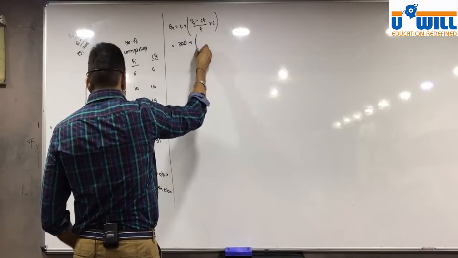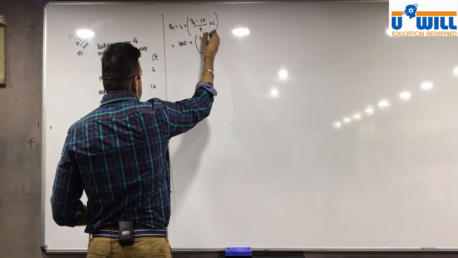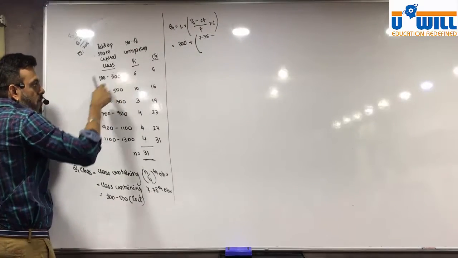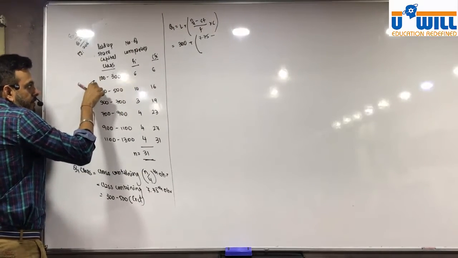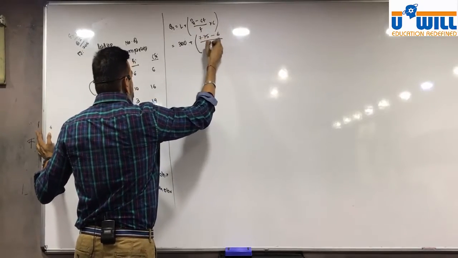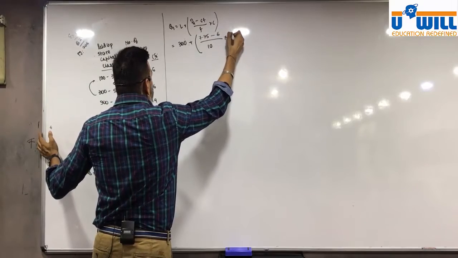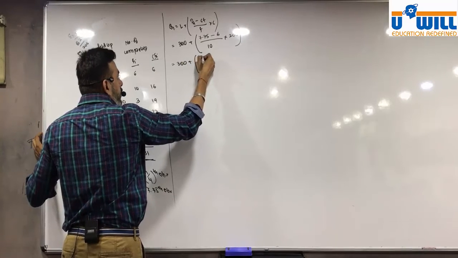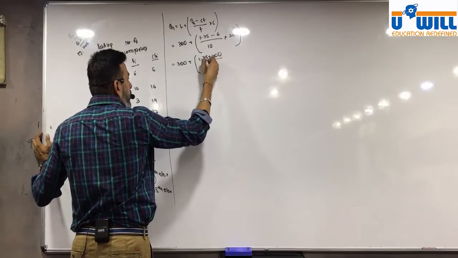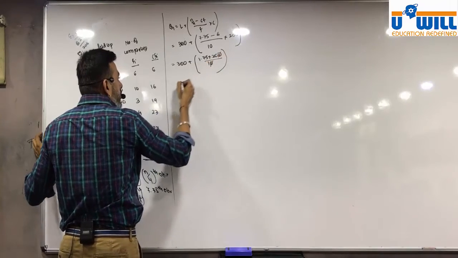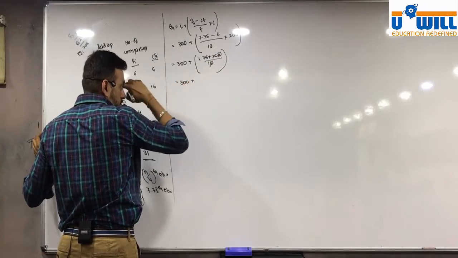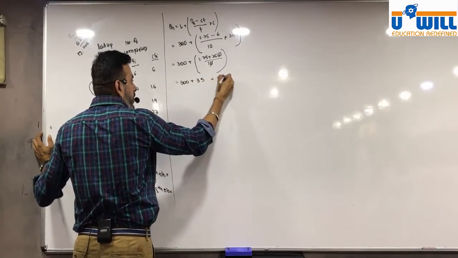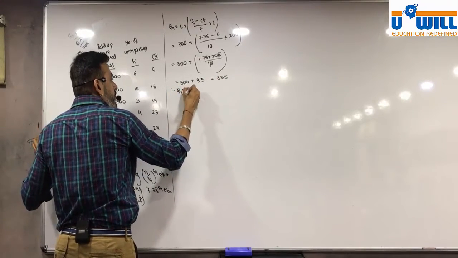Lower limit 300 plus n by 4 is 7.75 minus CF, the cumulative frequency of the class preceding, which is 6, upon frequency 10, into class length 200, is equal to 300 plus 1.75 into 200 upon 10, which is 35, equal to 335. Therefore, Q1 is equal to 335.